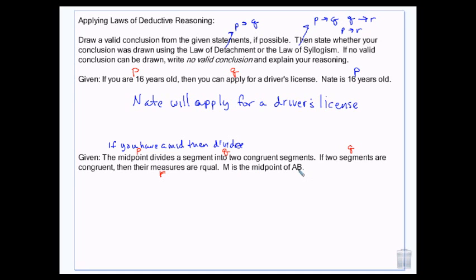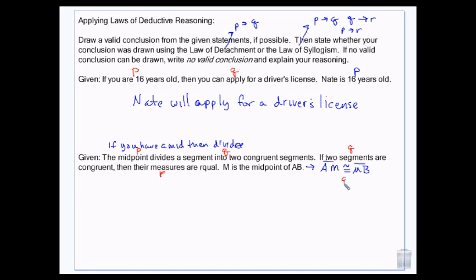M is the midpoint of AB. This is a P, because I have a midpoint. But what does that mean is going to happen next? If I have a midpoint, I'm going to do what? Midpoint divides a segment into 2 congruent segments, right? So I'm going to have AM is congruent to MB.